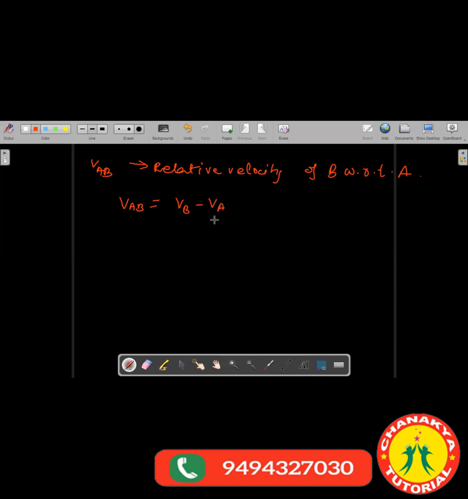So this is the speed with which the object will cover the distance between the two.